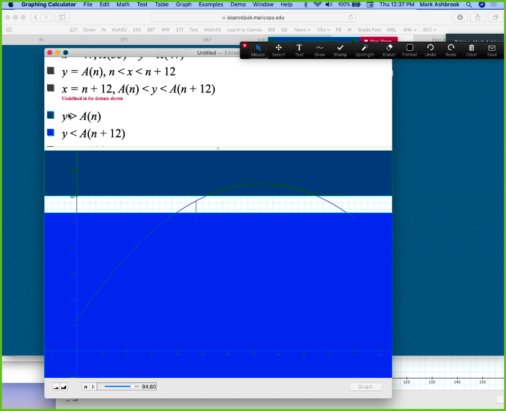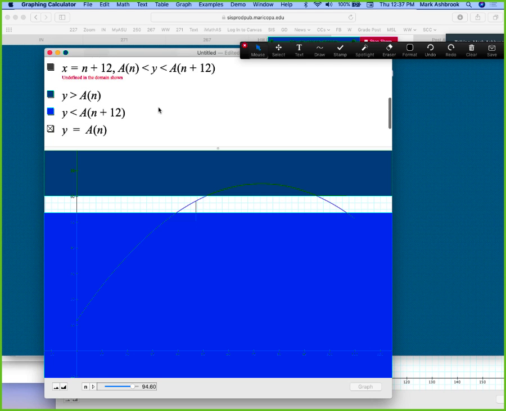All points that are both green and blue. Which points are both green and blue? No, which points are green and blue? For this case now? Yeah. Oh, none, right? So none. So that's why this doesn't give you anything. Because it's trying to say all y values above this one and below this one. Well, there's none. That's why it gives you this error message.